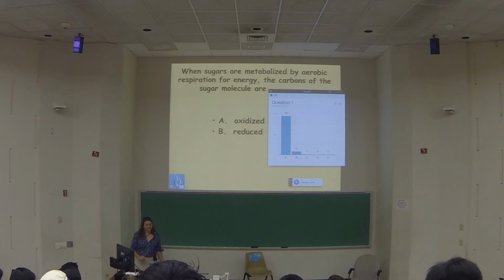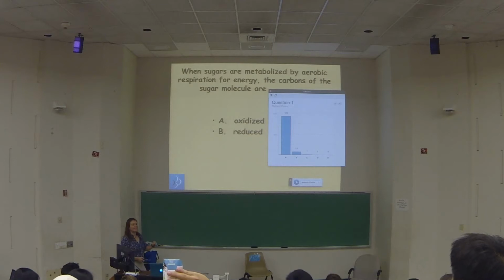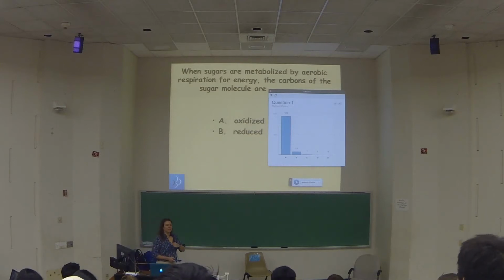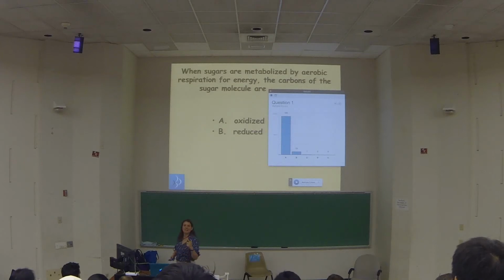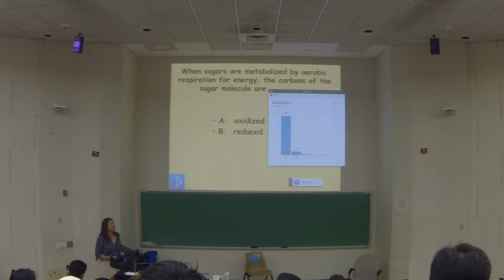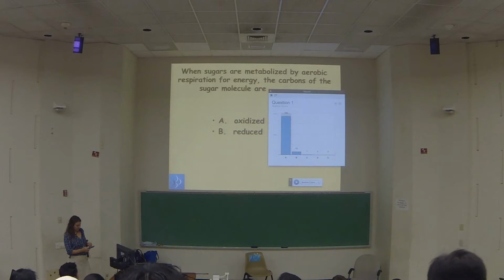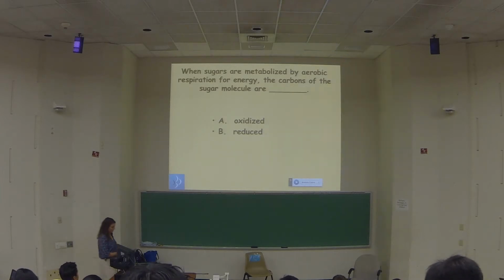All right. Why is it oxidized? Loss of electrons. We're oxidizing it and giving those electrons to the electron carriers that we're sending through the electron transport chain. All right?